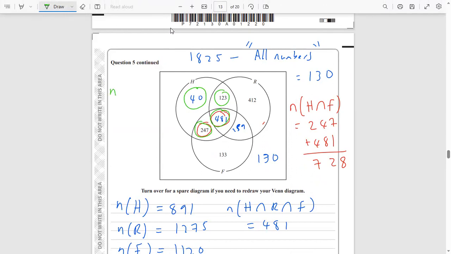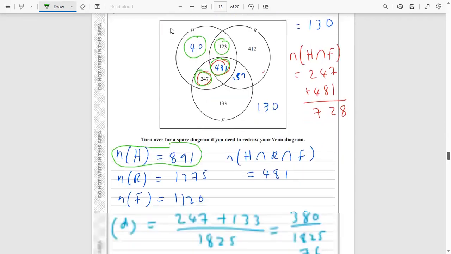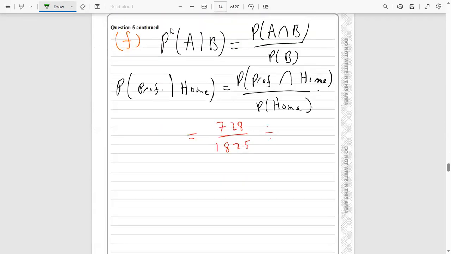So the number of people that work from home, in fact, we've actually already got this down here. If you notice, we already did this. The number of people that work from home is 891. So we're going to divide that by the probability you pick someone that works from home, 891 over our total, 1825. Then, using basic fraction facts, keep, change, flip.